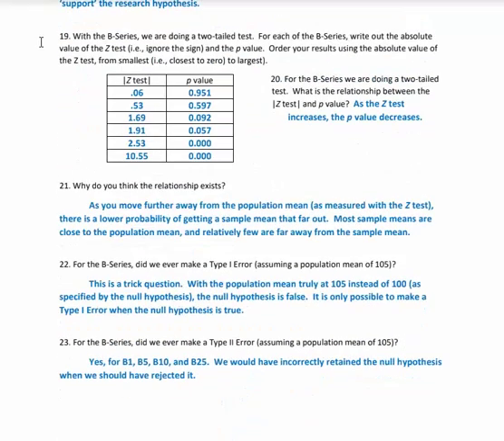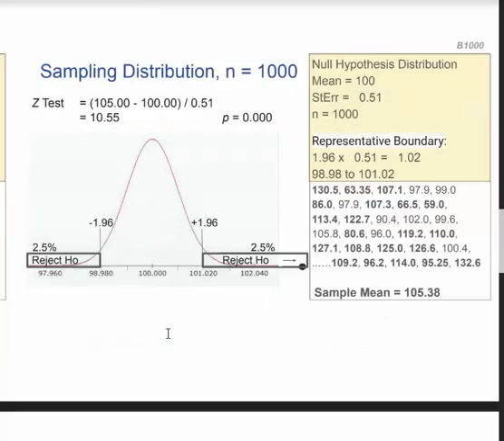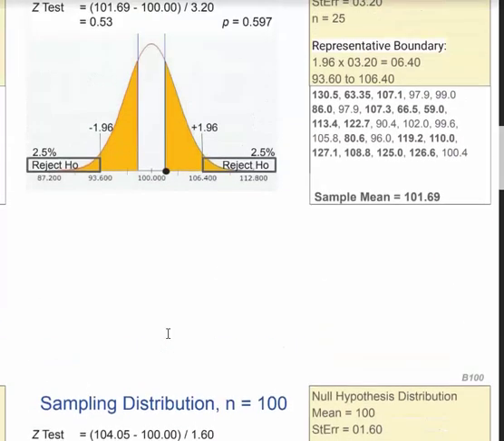Number 19. With the B series, we are doing a two-tailed test. For each of the B series, write out the absolute value of the z-test, ignore the sign, and the p-value. Order your results using the absolute value of the z-test from the smallest to the largest. Okay, so just briefly coming over here to our B series.